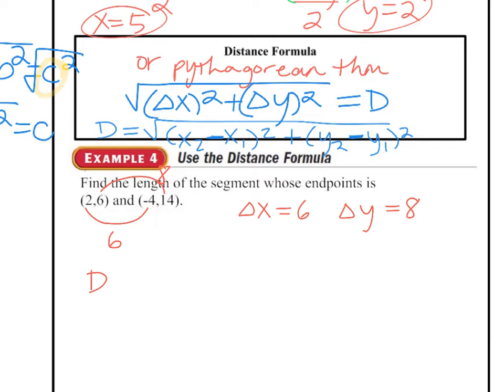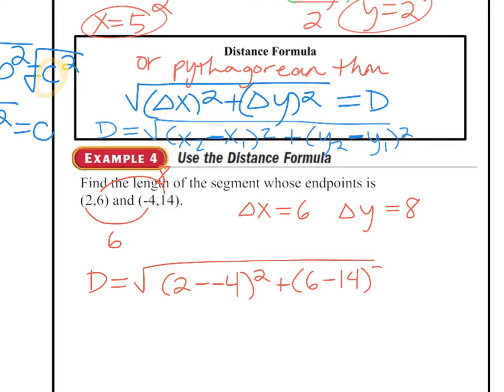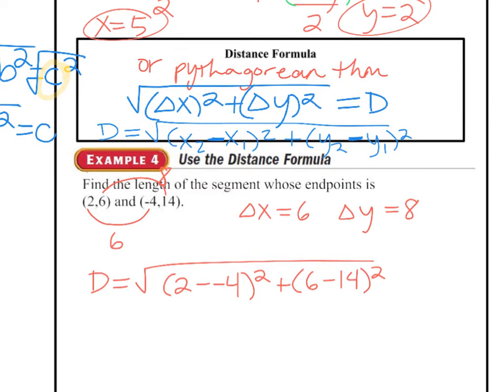So d, for the distance formula, is equal to, whatever you start with, you should probably start with the x's and then the y's. So I'll do 2 minus negative 4, the quantity squared, plus 6 minus 14, the quantity squared. Okay, and now we've got to simplify it.